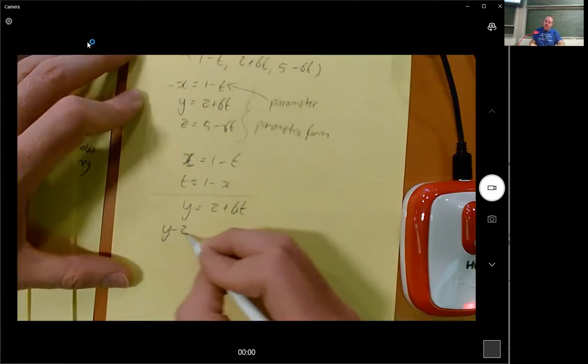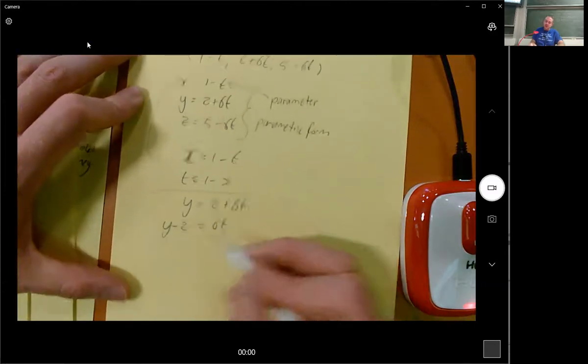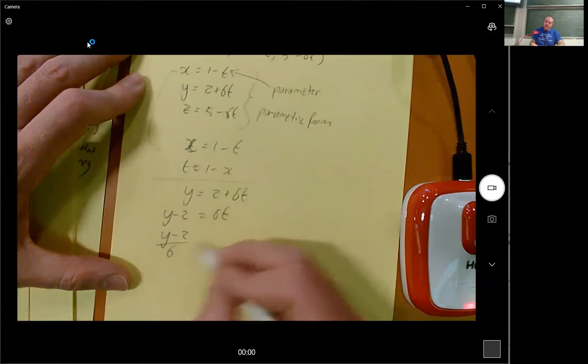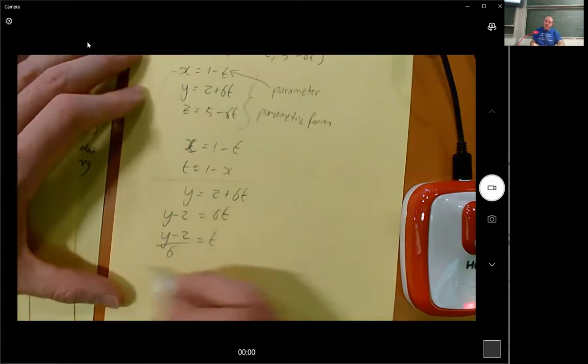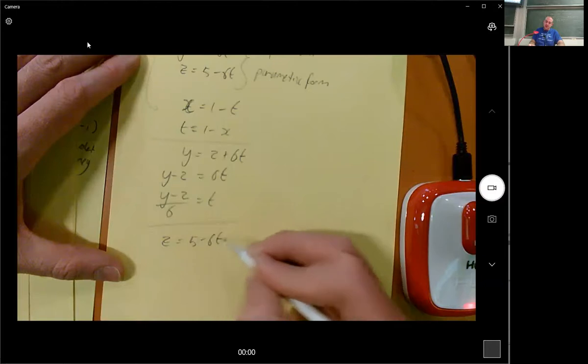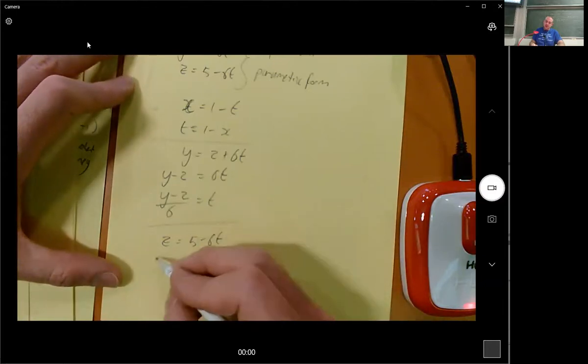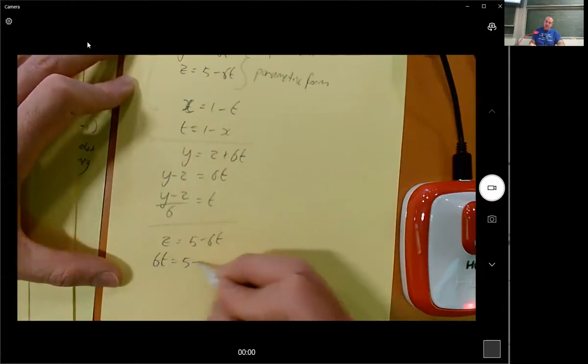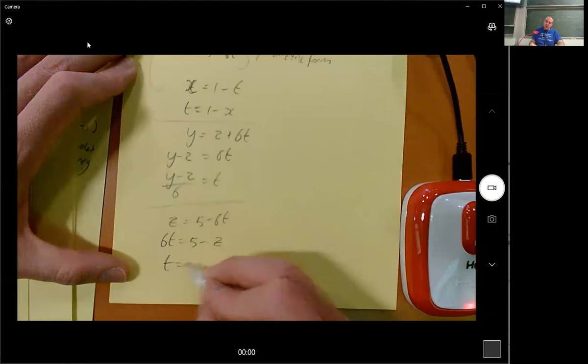So I'll subtract the 2 and divide by the 6. And then if I've got z equals 5 minus 6t, then I can put the 6t equals 5 minus z and then divide by the 6. It doesn't really matter how you go about it.